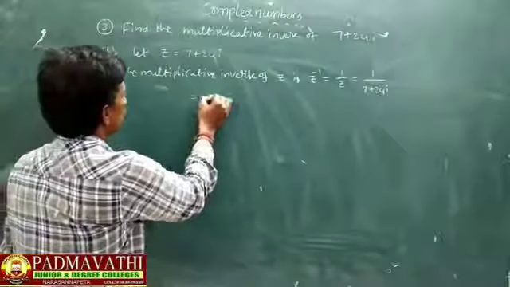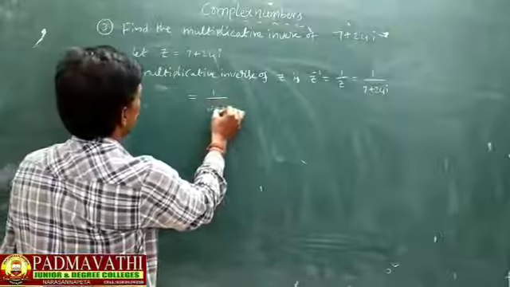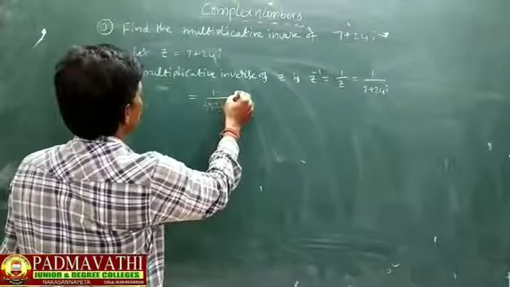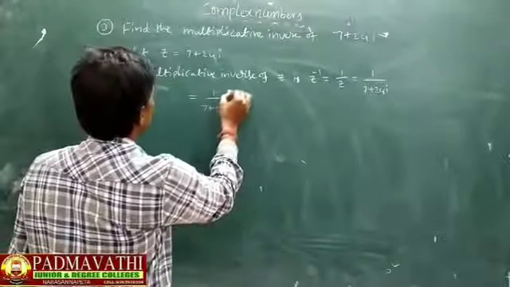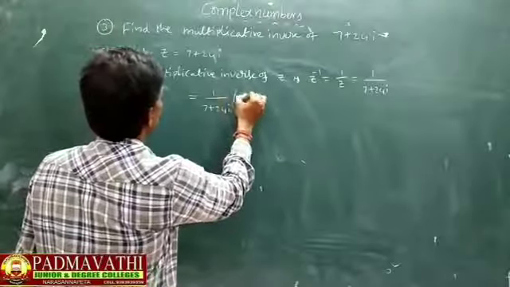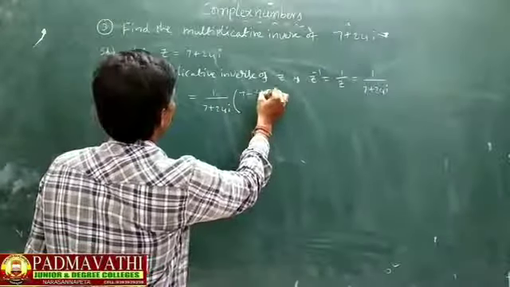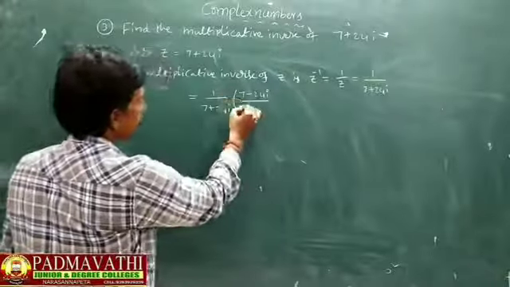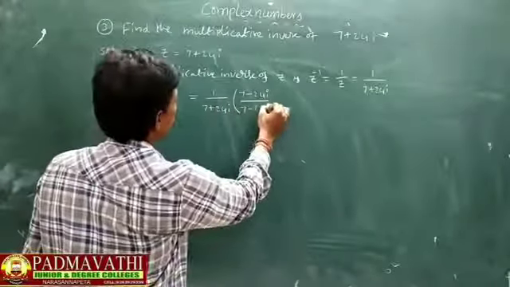Now we apply the rationalizing. 7 plus 24i, multiplying numerator and denominator by 7 minus 24i.